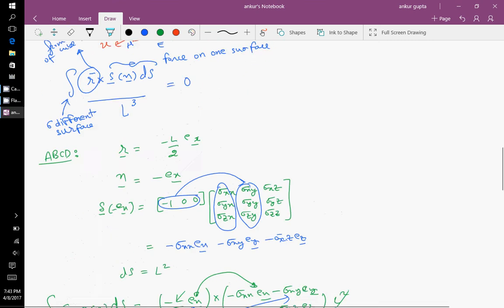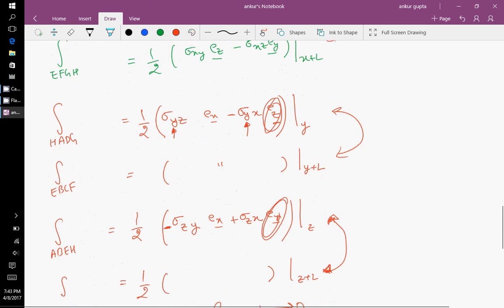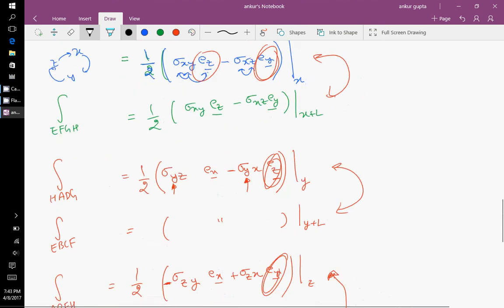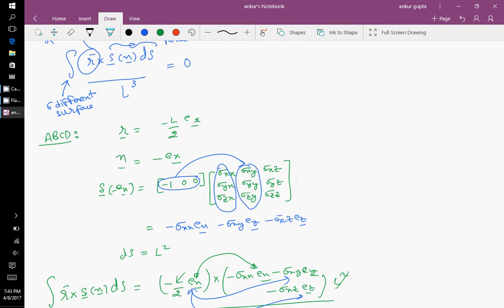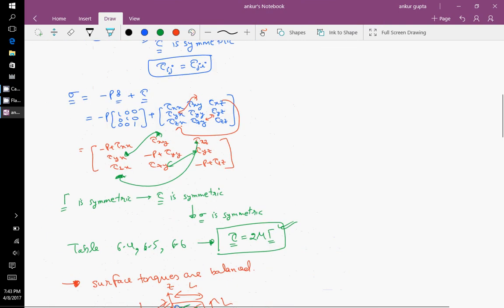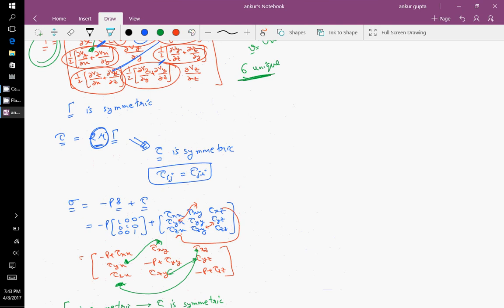So if you see here, xy is with z and similarly yx is z. They will create the torque in the same direction, and because the torque has to go to 0, they balance each other out. So physically, whenever you understand that tau is symmetric, it is because the torque has to be balanced, or the system cannot have any rotational component on each element.